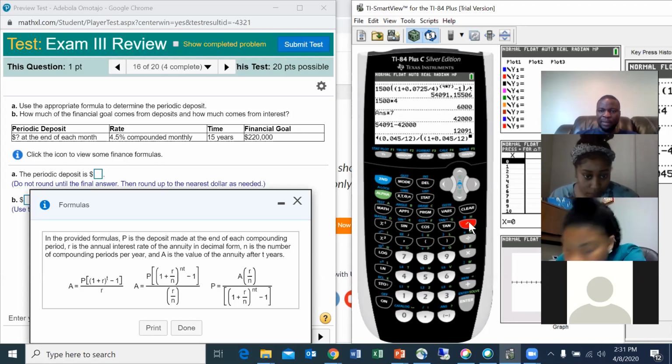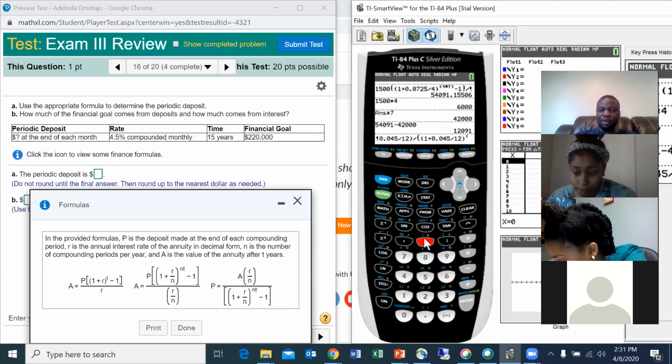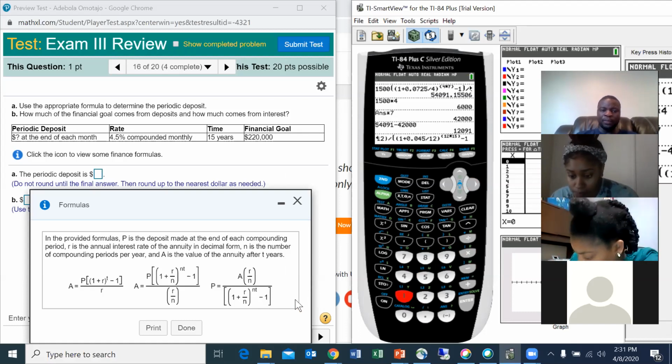Anytime you do your exponent, I suggest you always start with the open parentheses. So you do N times T, that's 12 times T. T is the number of years. In this case, it's 15 years, so times 15. And close that exponent. Close that. And after that, we can subtract 1. Then close parentheses again.